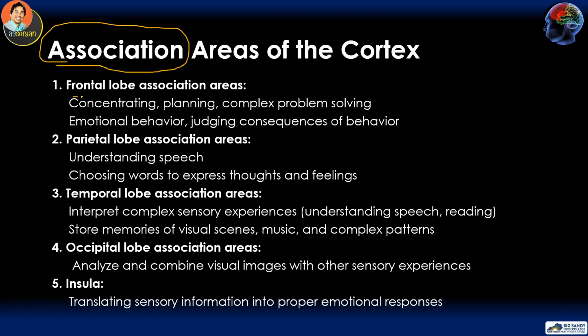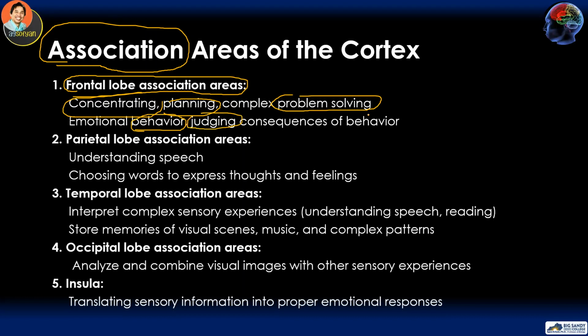The frontal lobe association area, and again, remember the frontal lobe is the association area for planning, concentration, problem solving, reading, behavior, judging, and any other action-related functions. Higher brain control is done in the area called the frontal lobe association area.